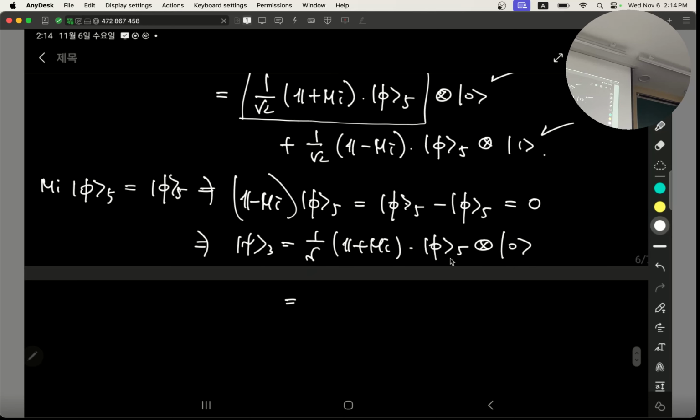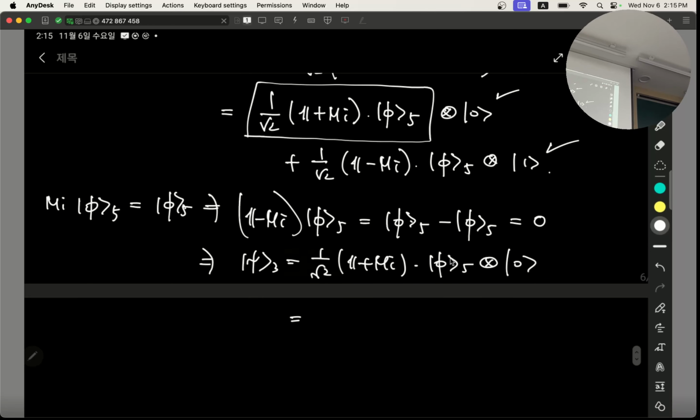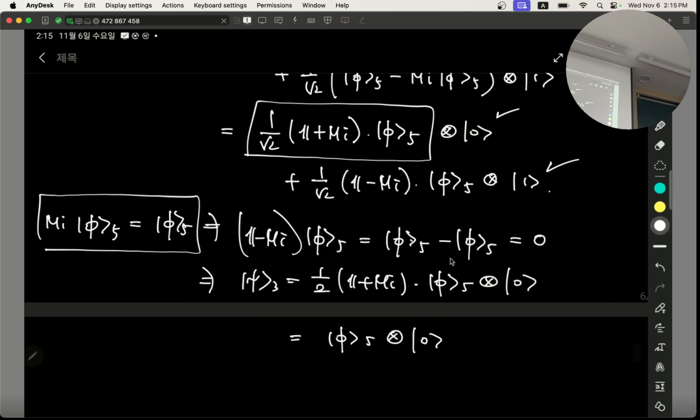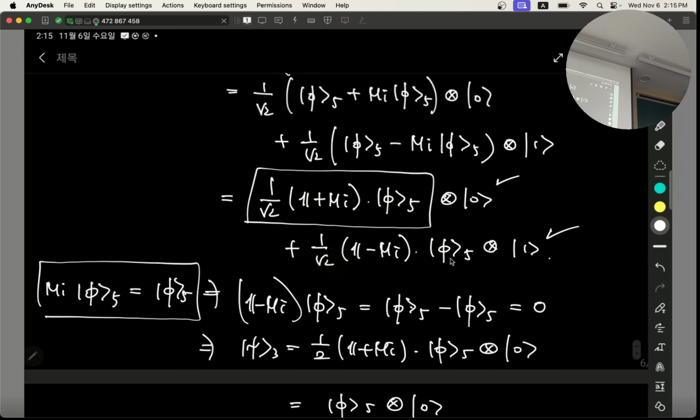No, 1 over square root of 2. And since we have assumed that this is true, this is the same as psi5 tensor 0. I think I forgot to put 1 over square root of 2 at some point.